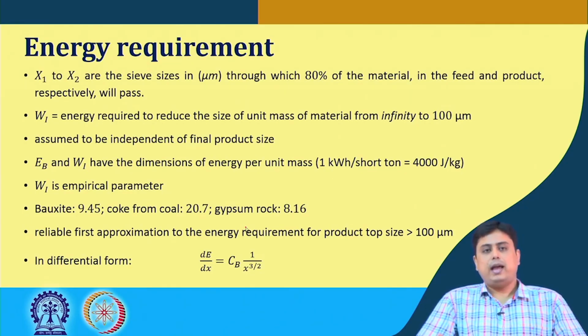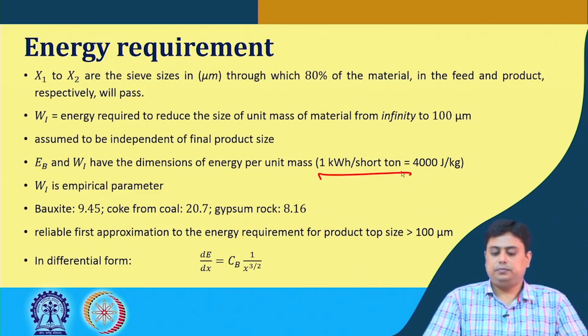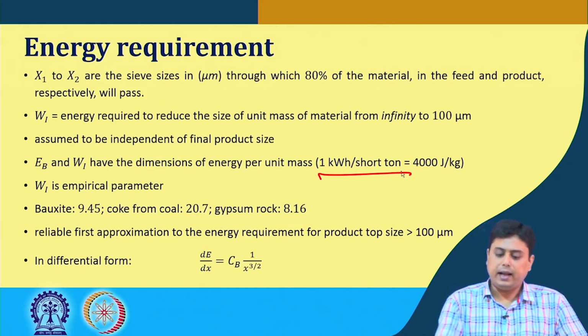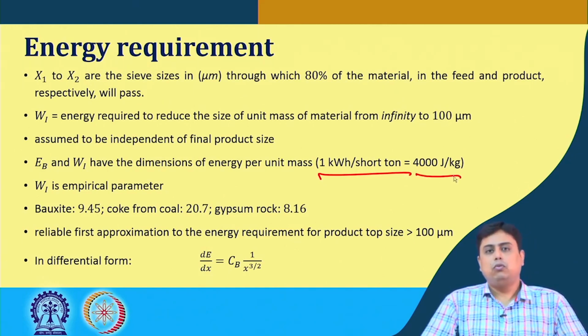EB and Wi, the energy required for this breakage and the work index, both have dimensions of energy per unit mass, and a popular unit in industry is 1 kilowatt hour per short ton, which is equivalent to 4000 joule per kg.